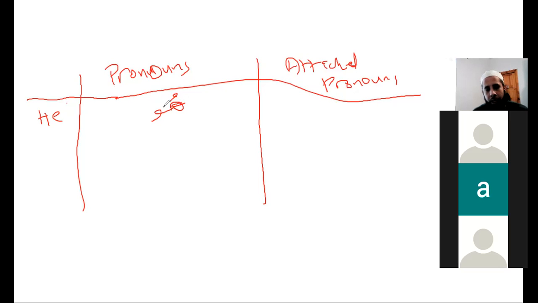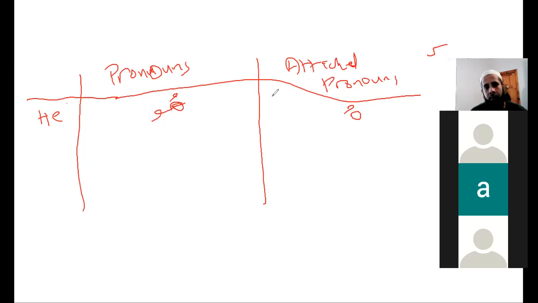What does it mean, attached pronoun? It means that when you say huwa, it's a separate word. But when you say attached pronoun, it's attached to a different word, so it's going to be at the end of another word. For huwa, we have hu, which means him, or it refers to third person singular, him or his.